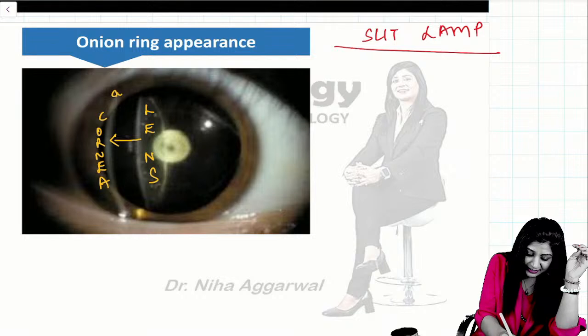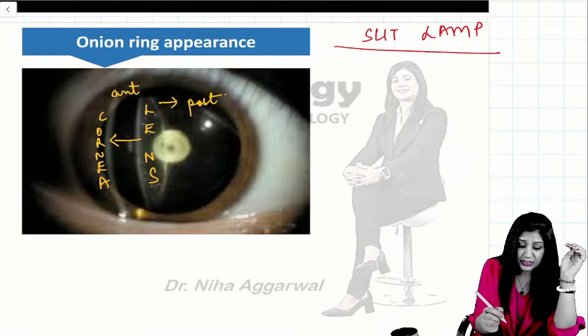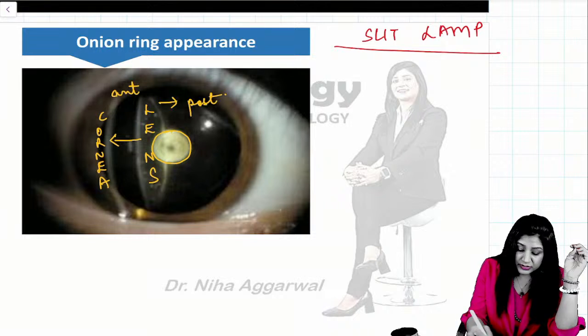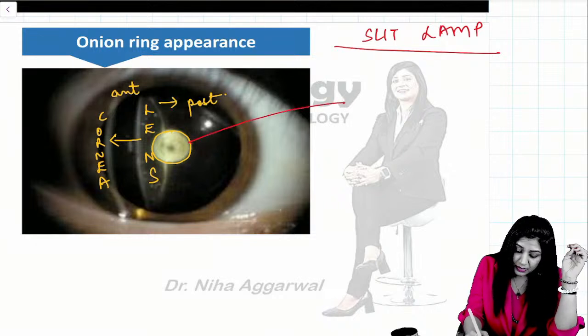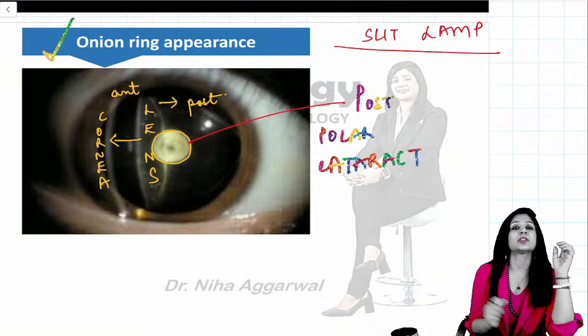So this is the anterior surface, and this is the posterior surface, and therefore the opacity which is present at the posterior side will be your posterior polar cataract. You people are very correct. This is the posterior polar cataract, and posterior polar cataract gives you the typical appearance which is called the onion peel appearance.